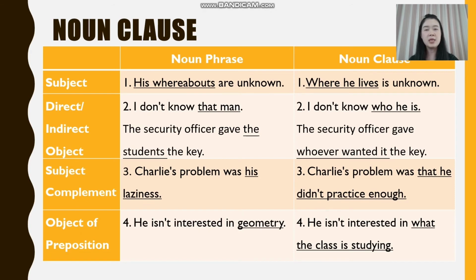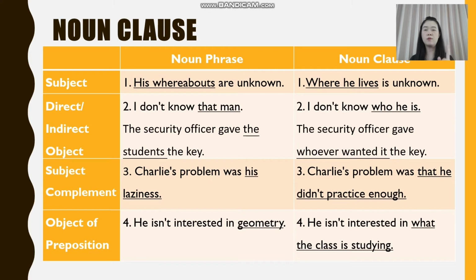I made this table to make sure everyone understands how the noun phrase and the noun clause are different. On the leftmost side, we have the functions that both noun phrases and noun clauses can perform: the subject, direct or indirect object, subject complement, or even object of the preposition.